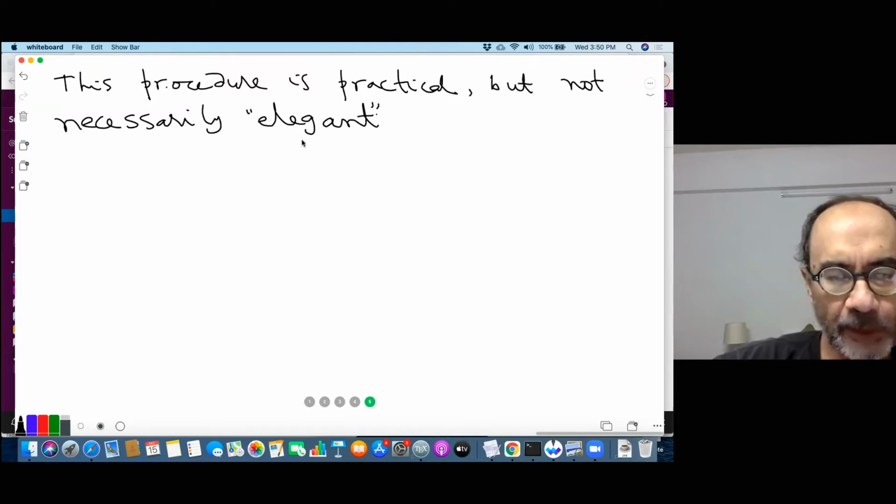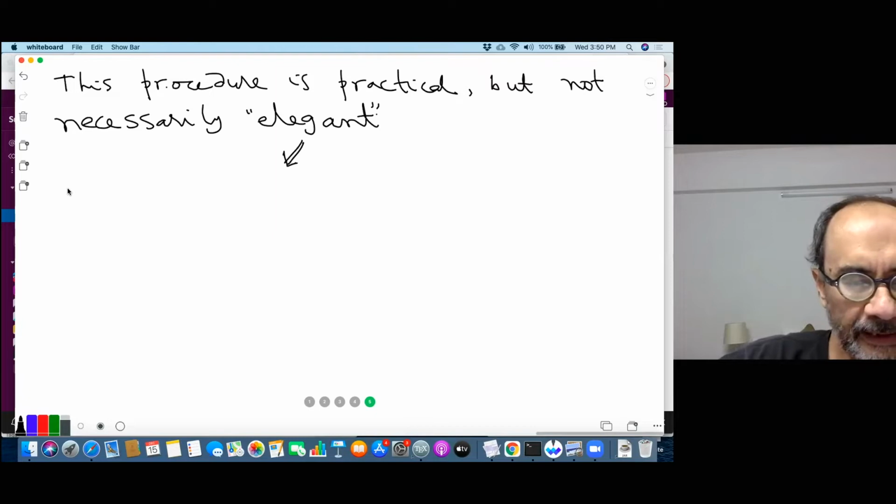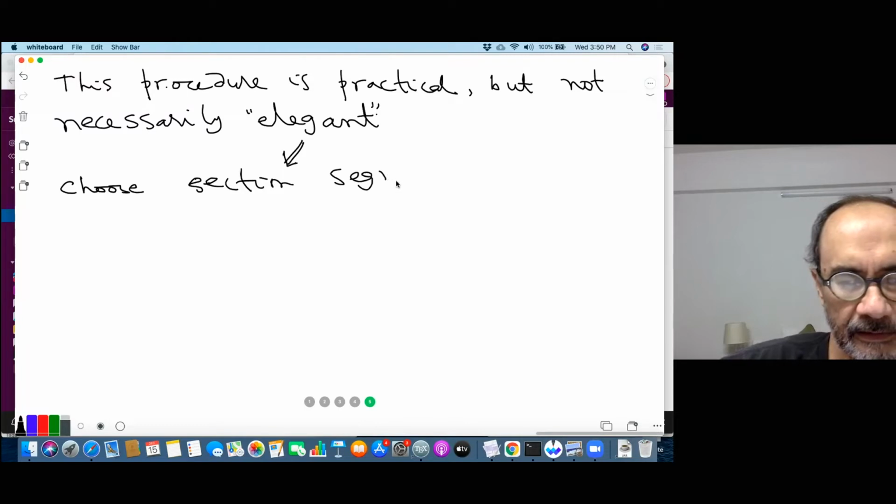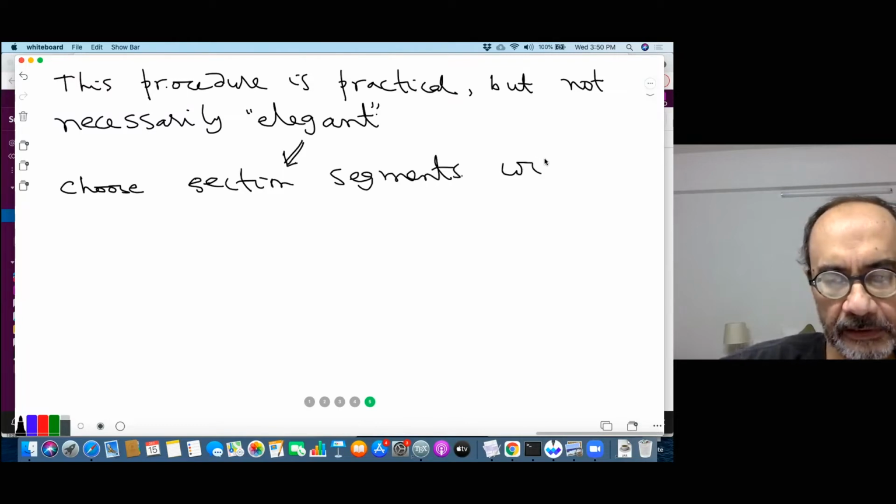Of course, people have tried to make things more elegant by choosing section segments in a natural way, whatever that means.